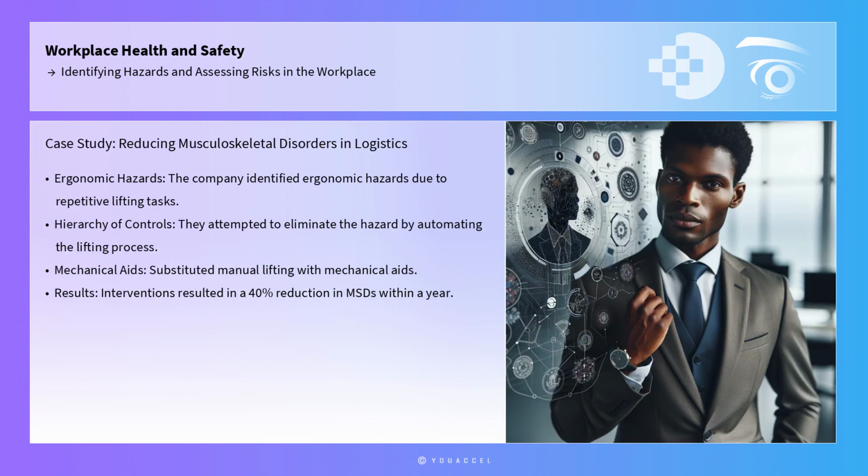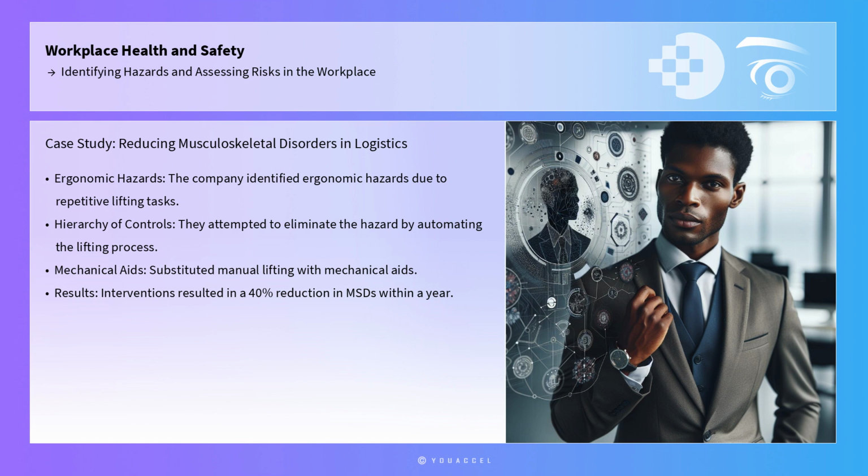An illustrative case study highlighting the effectiveness of these strategies is the successful reduction of musculoskeletal disorders in a logistics company. The company identified ergonomic hazards due to repetitive lifting tasks. By utilizing the hierarchy of controls, they first attempted to eliminate the hazard by automating the lifting process.